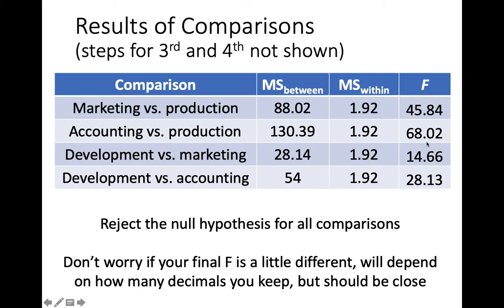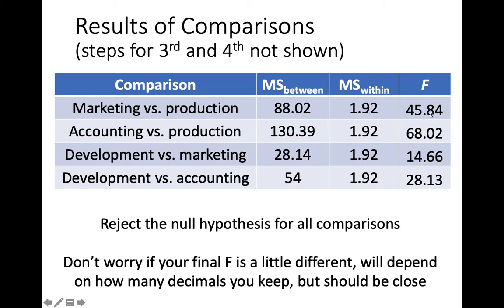But you should be in this basic ballpark, like plus or minus maybe 0.4 or 0.5 or something like that. You should be pretty darn close to those Fs if you did things properly. So if you're way off from these numbers, make sure that you go back and try to spot your error.